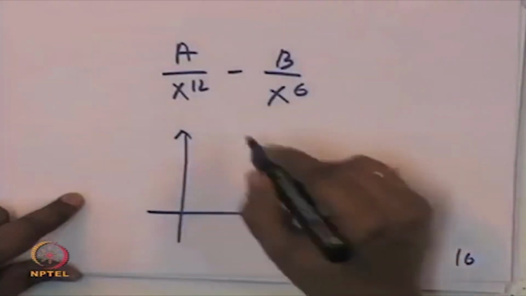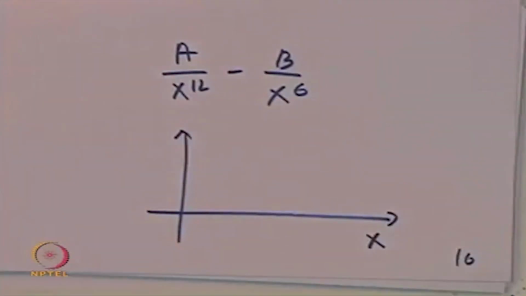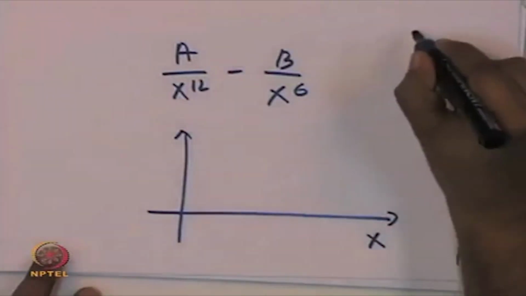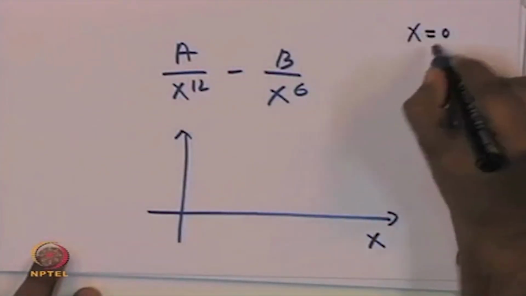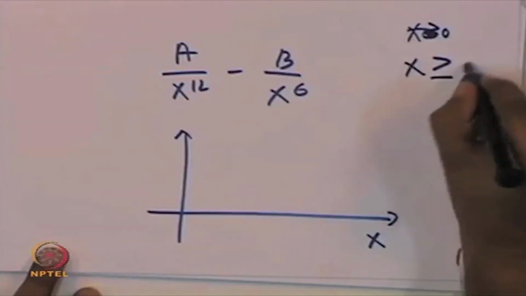There is nothing called negative distance. So, we would not discuss the negative part, we are only interested in the positive part. So, x starts from 0 and goes to positive, and we want to see how this function looks in this part. So, x is greater than or equal to 0.